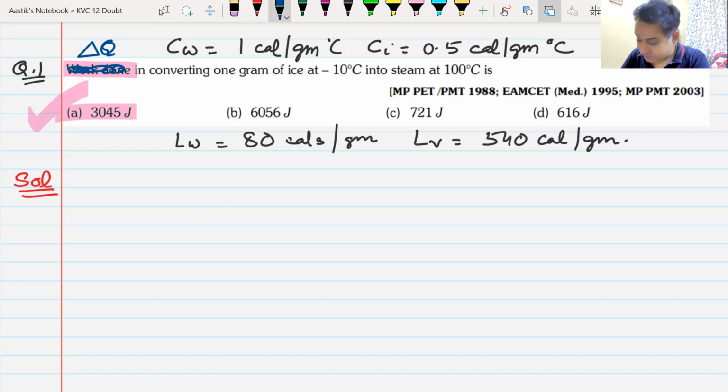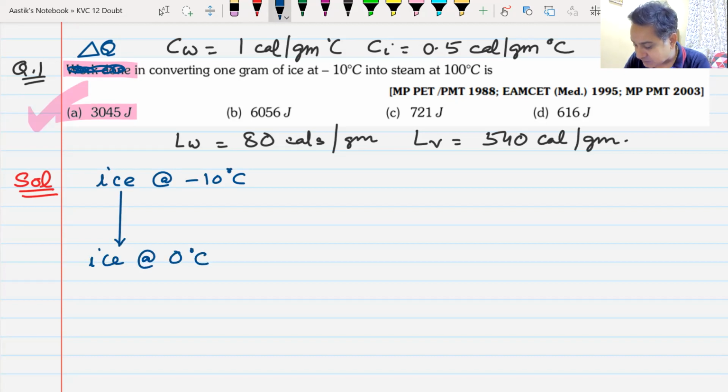So, if I had to do it, what do I have at the beginning? I have ice at minus 10 degrees Celsius. What I would first do is convert this to ice at 0 degrees Celsius. I will have to give it some heat.